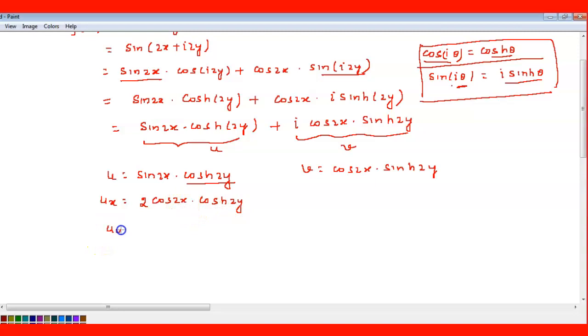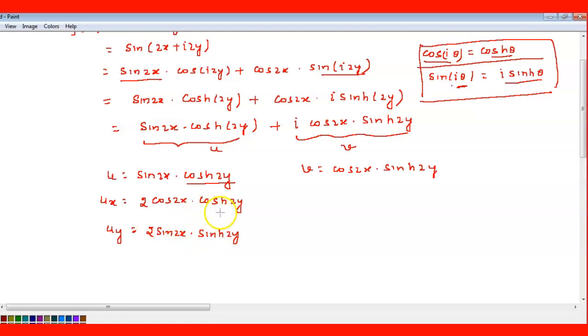Okay. U of y, tell me. U of y means sine of 2x as it is. Cos hyperbolic differentiation is how much? Sorry, sine of h of 2y into 2. There is no minus here.